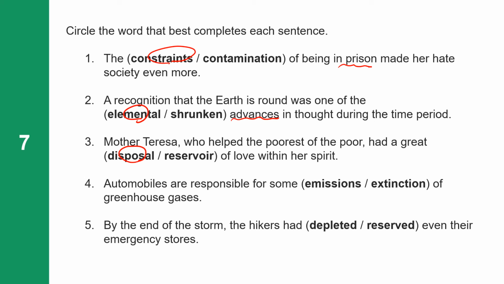Number 4, automobiles are responsible for some emissions of greenhouse gases. The last one, by the end of the storm, the hikers had depleted or reserved. So depleted means to reduce even their emergency stores. Okay, let us read the sentences just one more time.